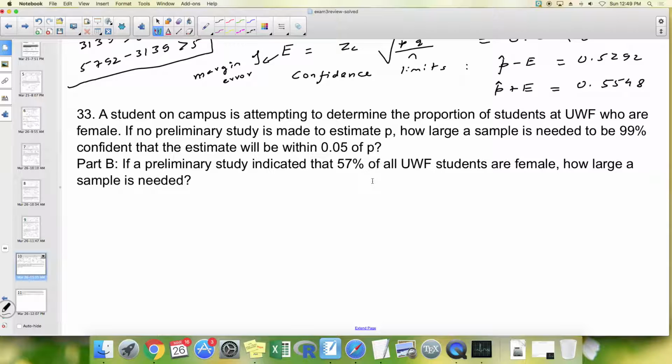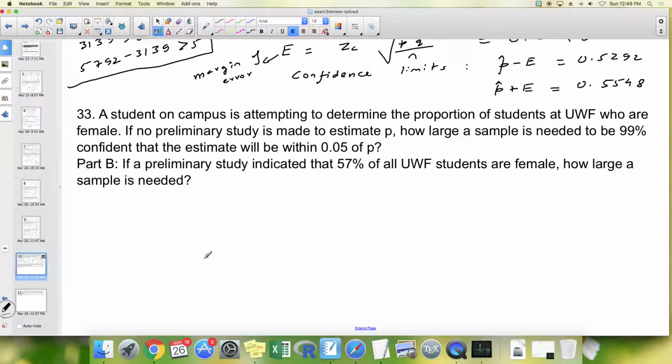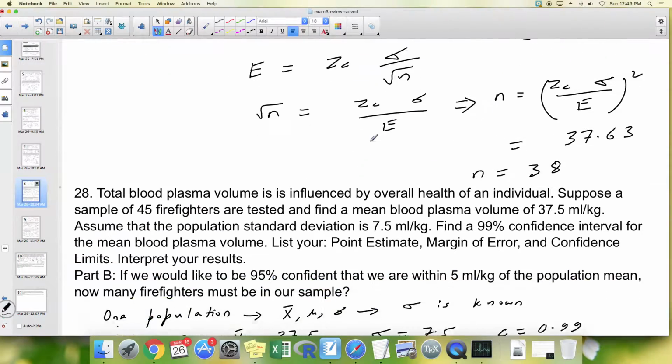Okay, so question 33 and question 34 are about the same kind of things, but they're asking a different question. It's about finding n. This kind of thing we have already done, but in a different context.